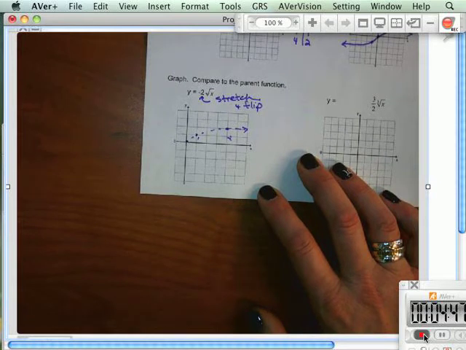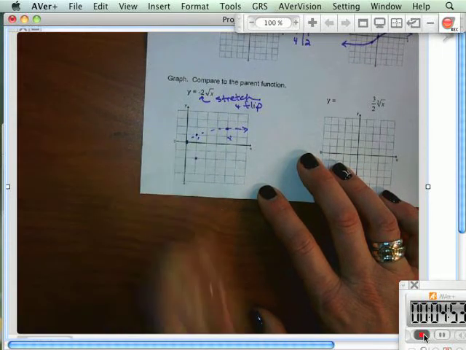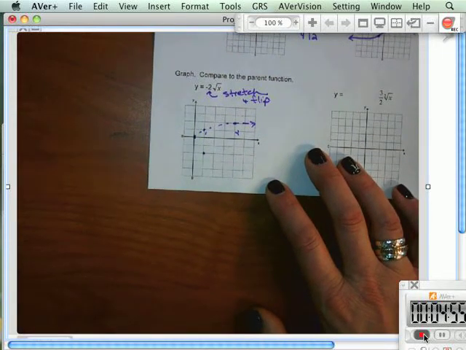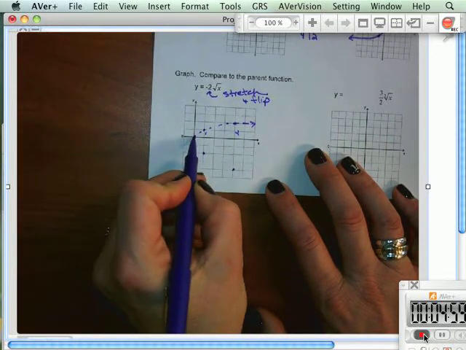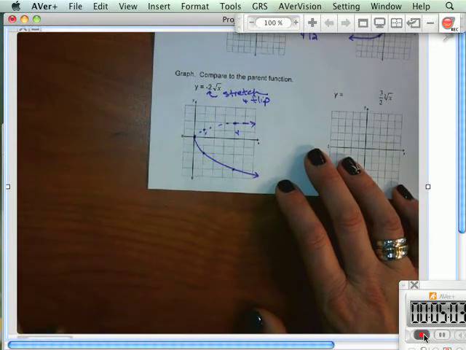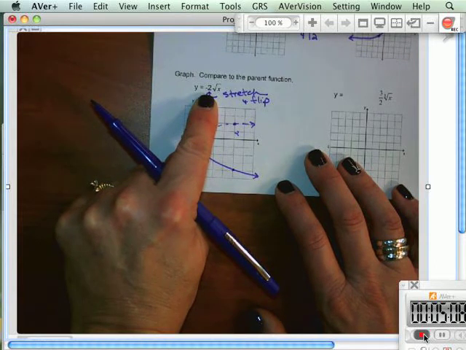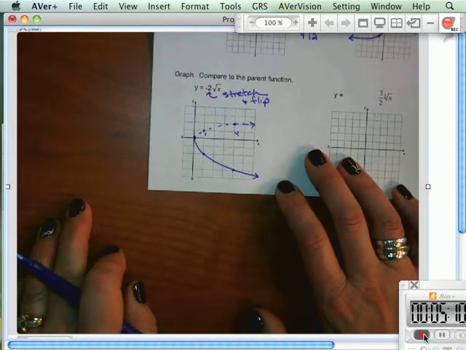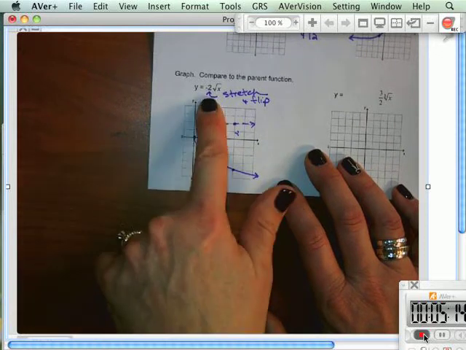If I'm going to multiply it by negative 2, my output is going to be doubled. So I'm still going to start at 0, but my output's going to be doubled. So that point's going to go down. Double and double. This is a graph of that, whatever you want to call it, translation. Now, if you're like, what, I can't do that, go to your calculator, put this in and get a couple points.